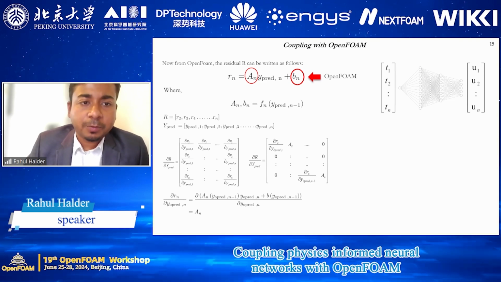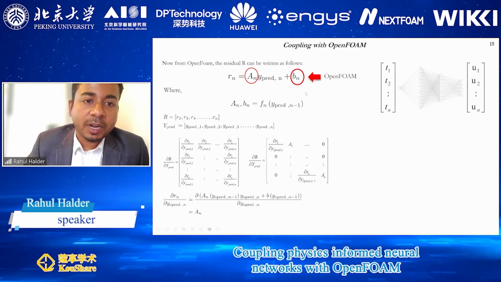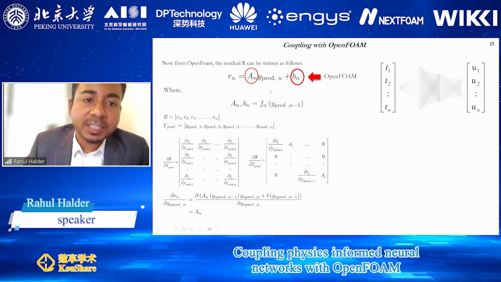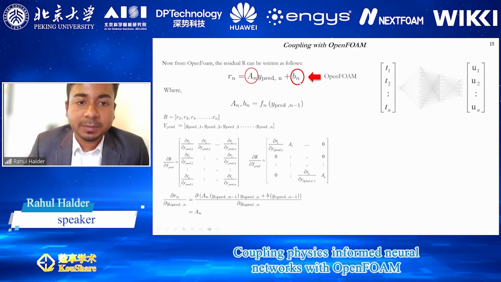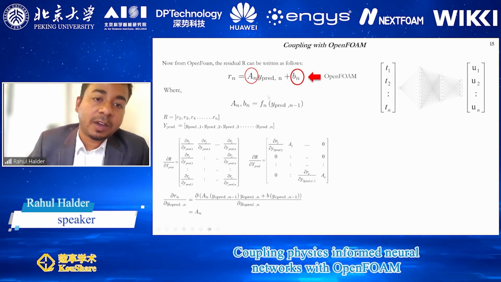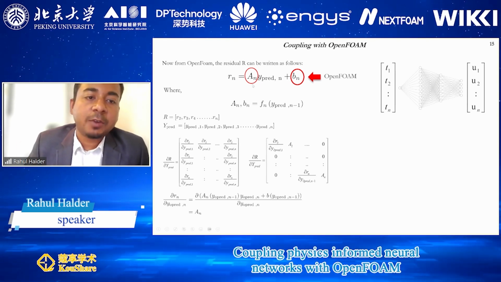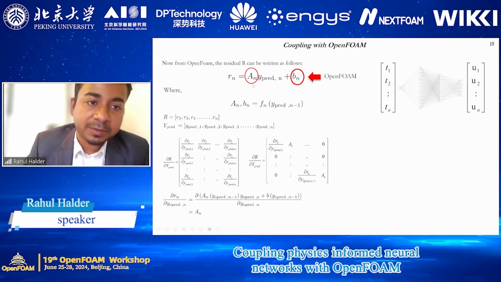Now the problem happens. If it is a linear equation, this type of governing equation R equal to AX plus B is enough, because A is constant, B is constant, they are not a function of the previous time step. But if it is a nonlinear equation, even A will be a function of previous time steps.